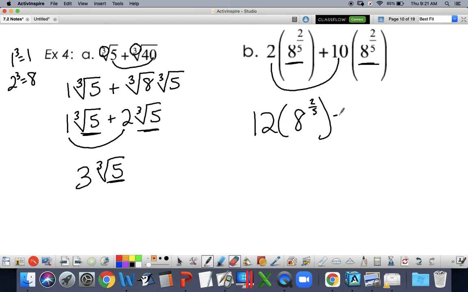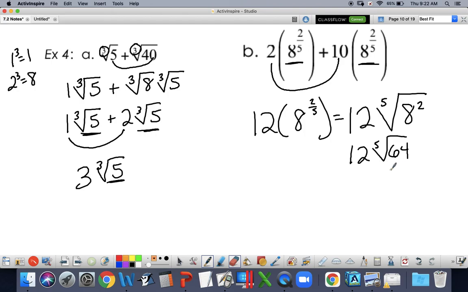So I often tell students, if you're unsure if you can simplify, maybe try to write it in an equivalent fashion, but maybe in a way that might trigger you to say, ooh, maybe this can be simplified down. So I wrote it as the 5th root of 8 squared, and 8 squared is 64.